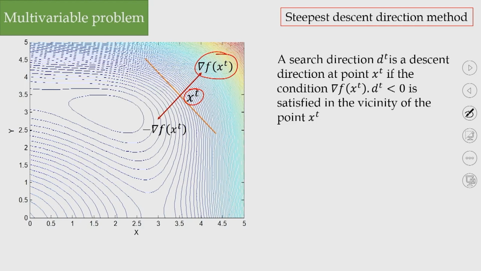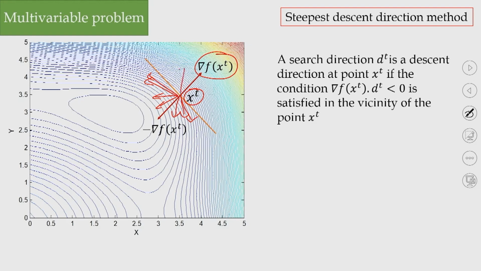So suppose if I go along these directions, my function value will reduce. Therefore, if you take any direction on this side, your function value will reduce, and you can say that direction is a descent direction.